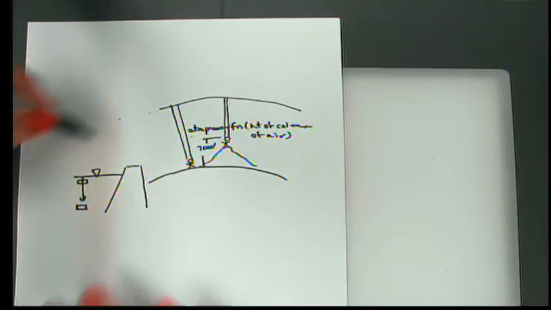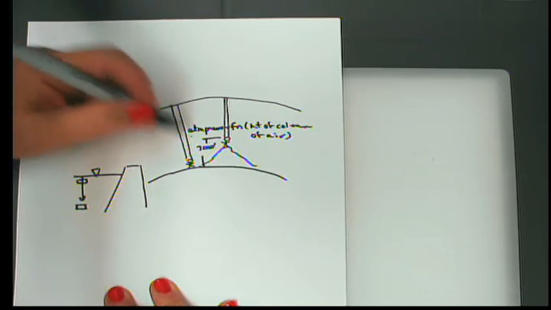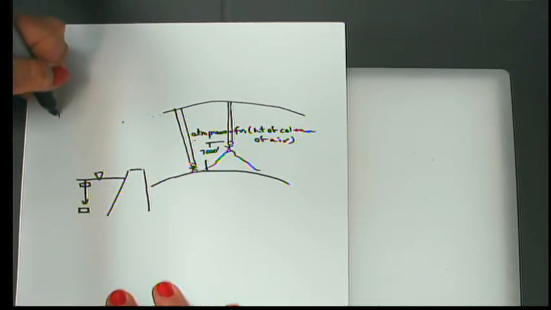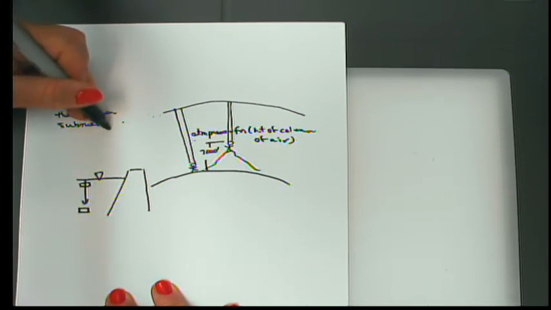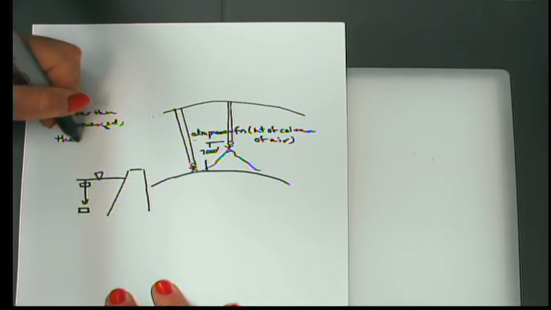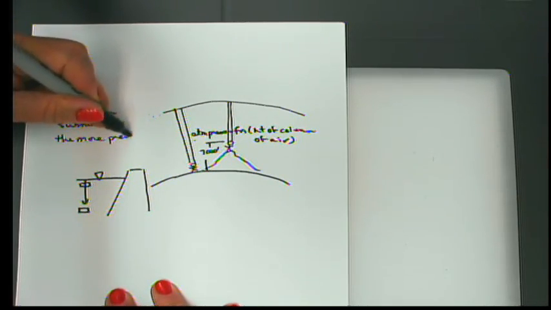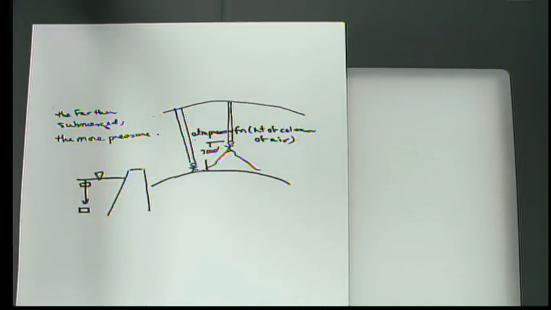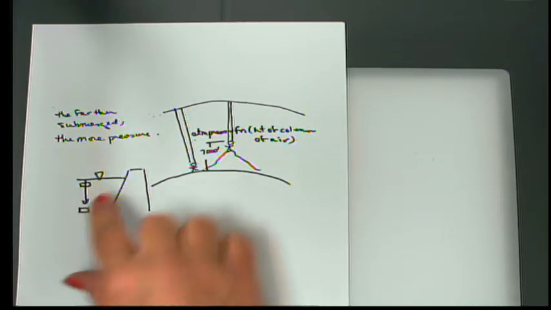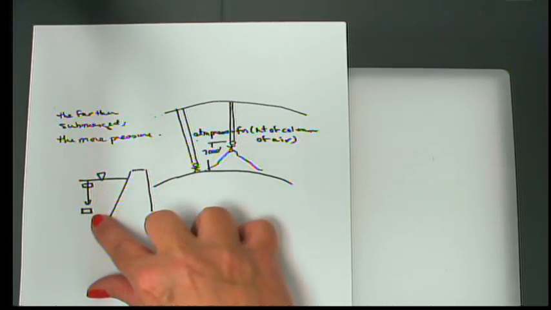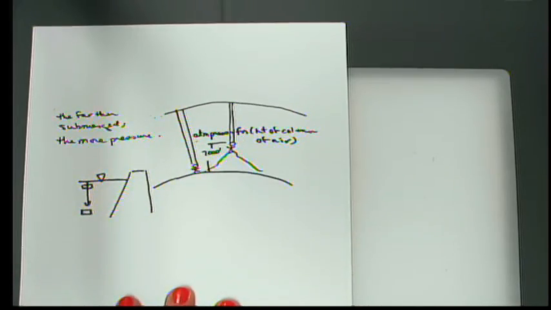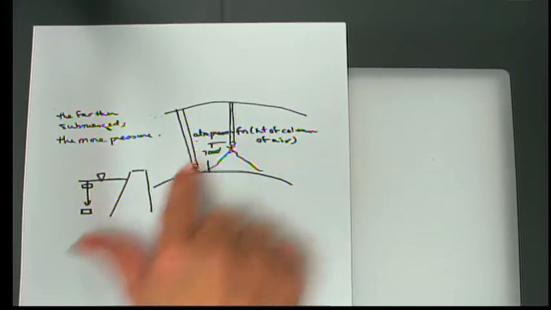So we can measure atmospheric pressure in a lot of different ways, but basically the farther submerged an object is, the more pressure. So that means that we have an unbalanced situation from the top to the bottom of that cube, just like we have an unbalanced situation from when we are near the surface to when we are closer to the bottom of a submerged situation, whether it's water or air.